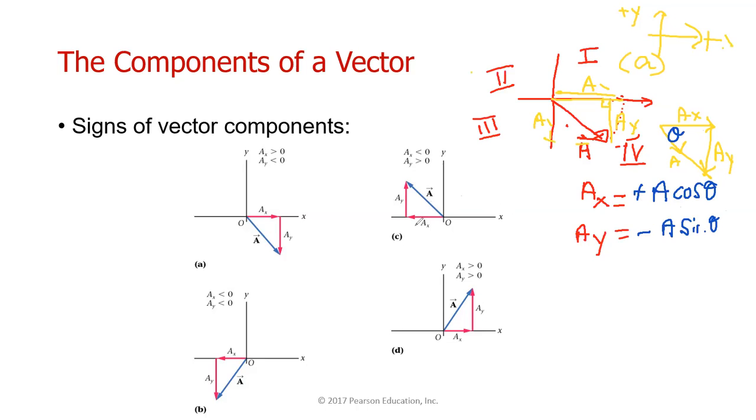And now your Ax is pointing to the west, therefore Ax should be negative. Ay is positive in the second quadrant vector. Third one, Ax negative, Ay negative. Here, Ax positive, Ay negative. Make sure we are going to use this over and over.